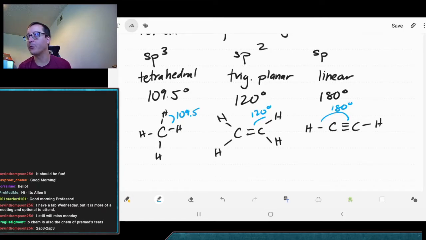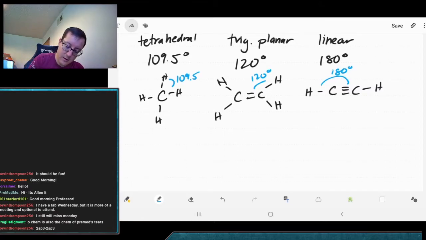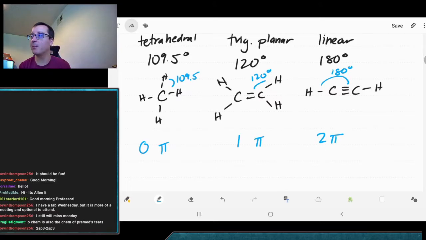But we'll get there. So those are all of our different kind of hybrids there. Easiest way to tell, just look at the number of pi bonds you have. That's going to tell you the hybridization of your atom of interest.